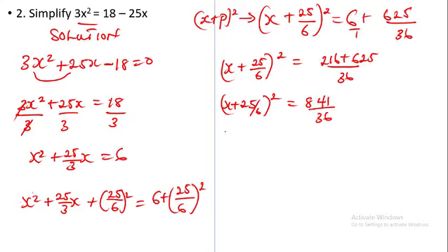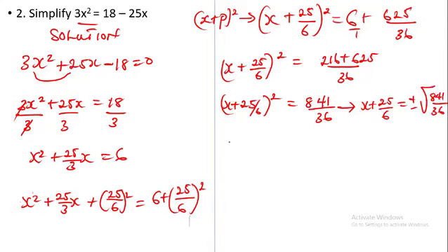The next step is to do what? To take the square root of both sides. If we do that, we have x + 25/6 equal to plus or minus the square root of 841/36.